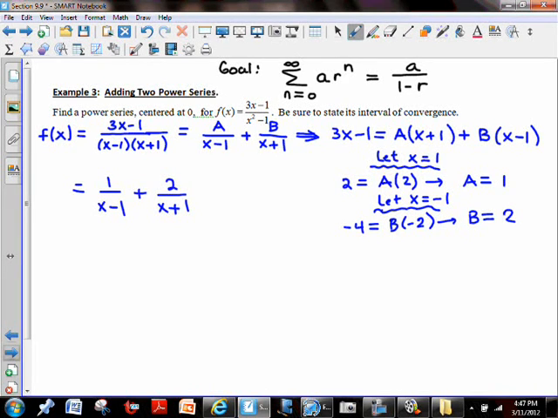And now what we got is a couple of functions that just need a little bit of doctoring up to give them that nice A over 1 minus r appearance, because you recall, this is the ultimate goal. So we'll switch colors here to emphasize the next phase of the problem, and that would be dealing with 1 over x minus 1.